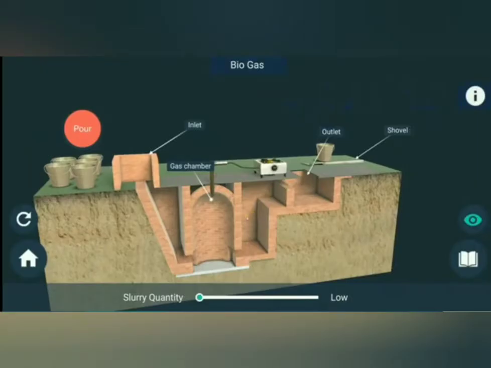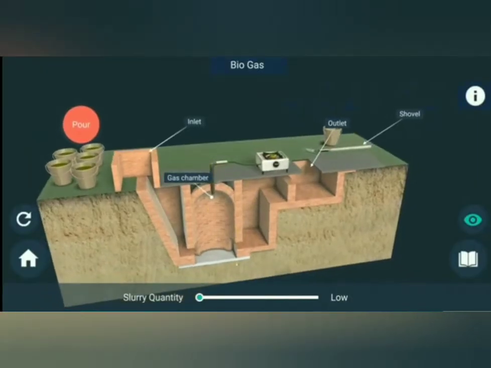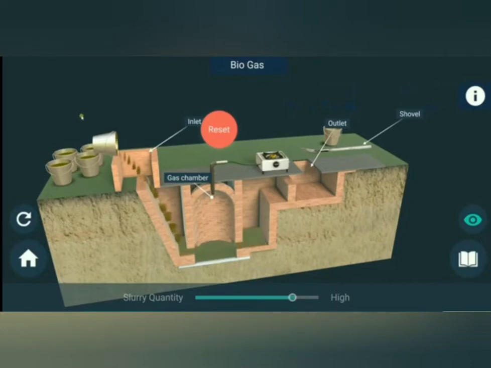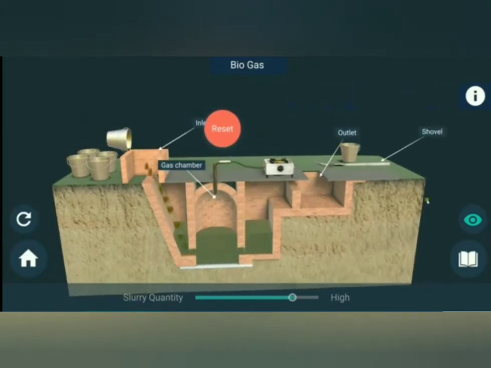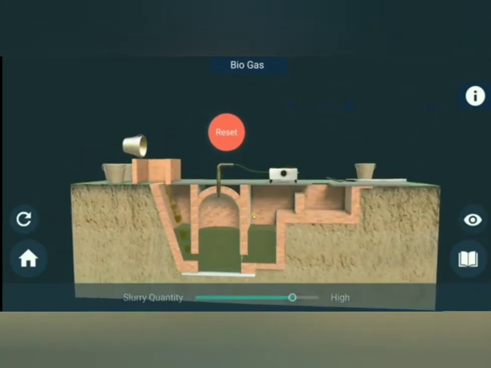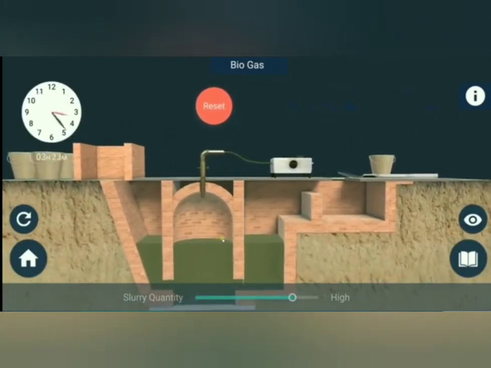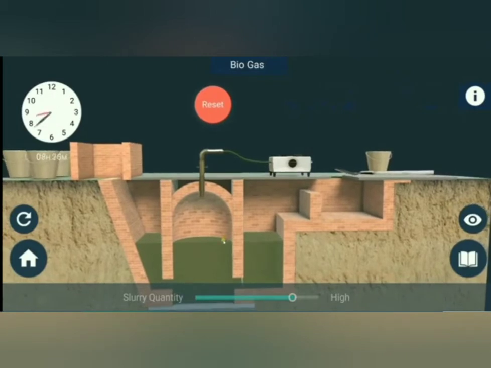But under this it has a gas chamber where there is no oxygen, and the slurry of cow dung and water is poured inside the chamber through the inlet valve. Then a gas is formed by anaerobic microorganisms that do not require oxygen to decompose.